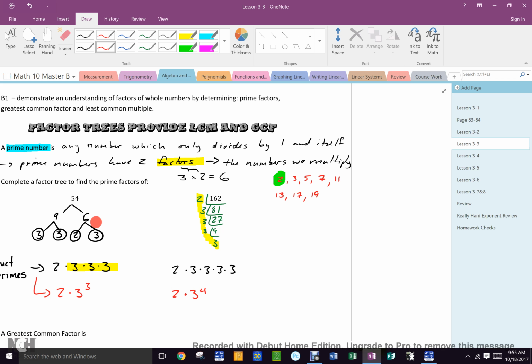A lot of trouble. So I'm going to give you a couple of little hints that will help you out. Hint 1. If your number ends in 0, 2, 4, 6, or 8, you can divide by 2. You already knew that one, right?